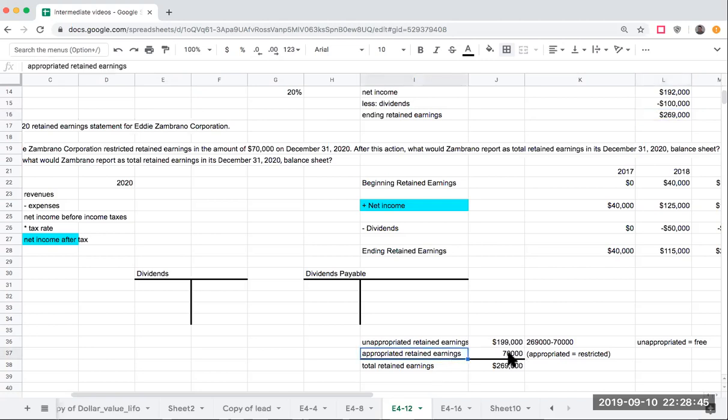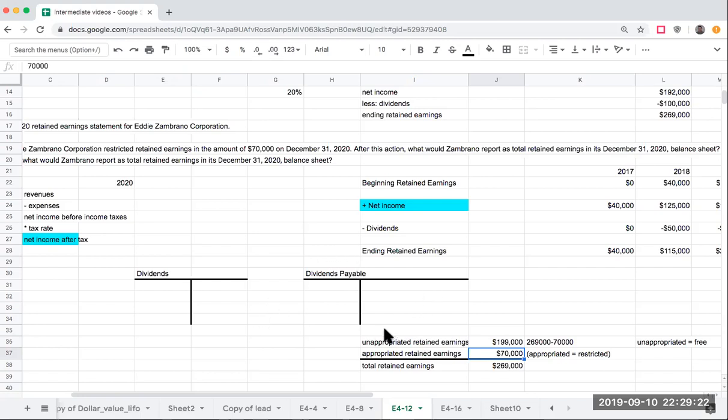If you are appropriating a certain amount of retained earnings for whatever reason, it just means I cannot pay dividends out of this amount. It's not available for dividend distribution. Remember, a dividend is not mandatory. It is up to a board of directors to issue it. I can show you plenty of corporations with a lot of retained earnings, like Home Depot, and it is not required to give out a dividend.